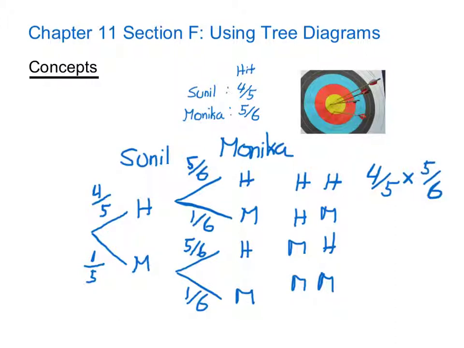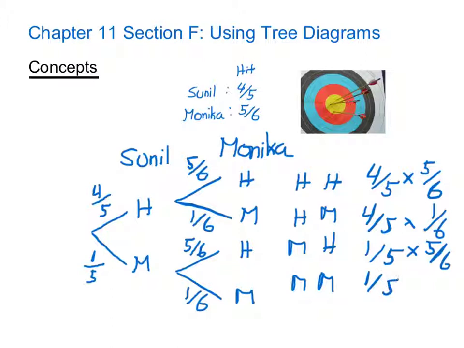And I can work my way down the tree diagram calculating the probabilities. So for a Sunil hit and a Monica miss, I'm going to multiply 4/5 by 1/6. And all the way down. So the next will be 1/5 times 5/6, and then 1/5 times 1/6.